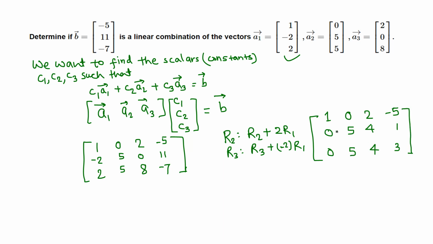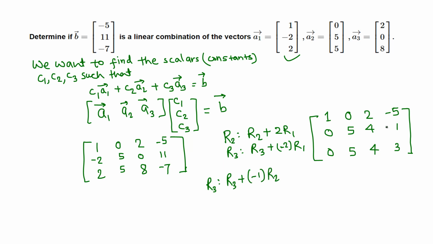Next, let's make this 0. We can make this 1 first if we like, but same thing, we can make this 0. Now here is 5. So we're going to work on R3. R3 plus negative 1 times R2.